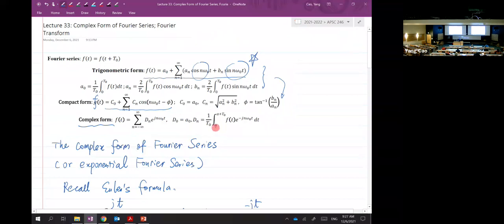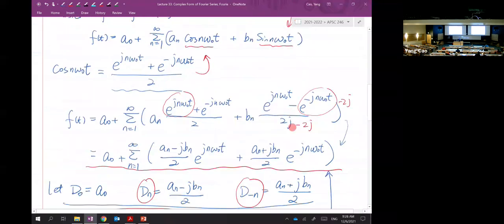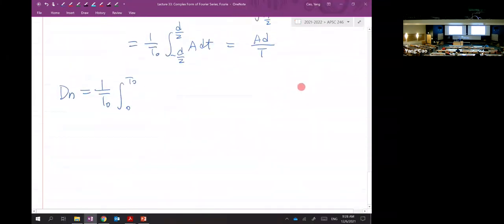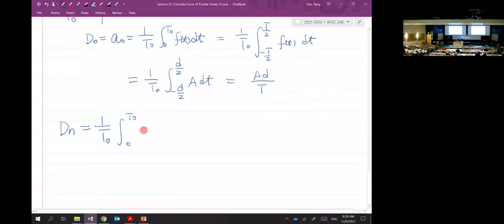You can start anywhere, as long as your integral limits give you one whole period: the upper limit minus the lower limit gives T naught, and you get exactly the same result. So I'll just put 0 to T here, f of t e to the power negative j n omega naught t dt. That's your Dn, so let's calculate it.